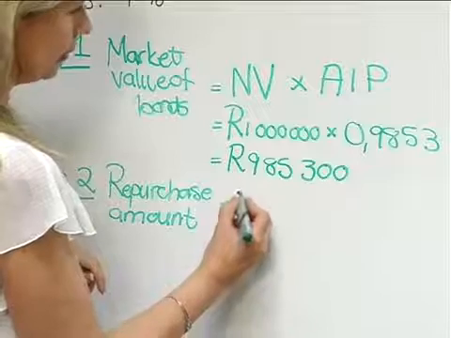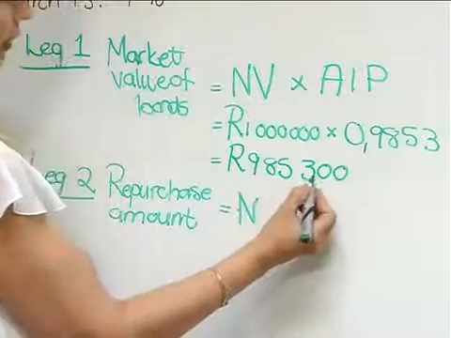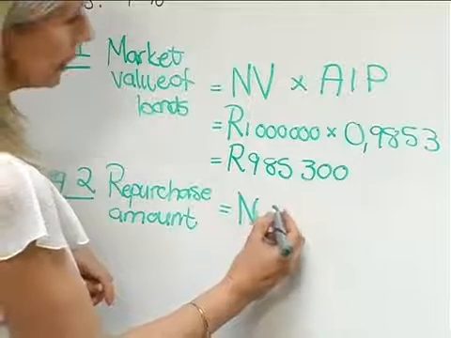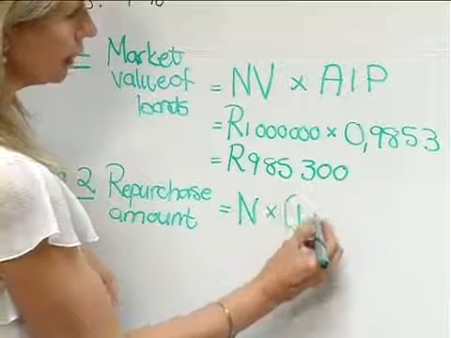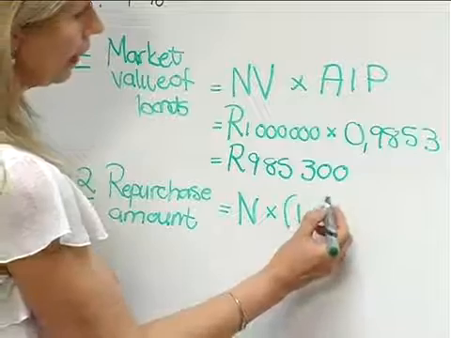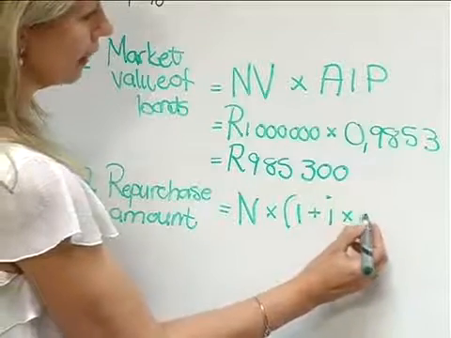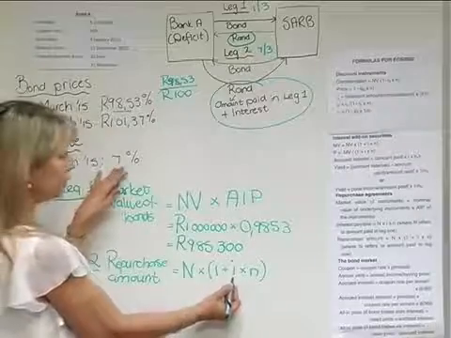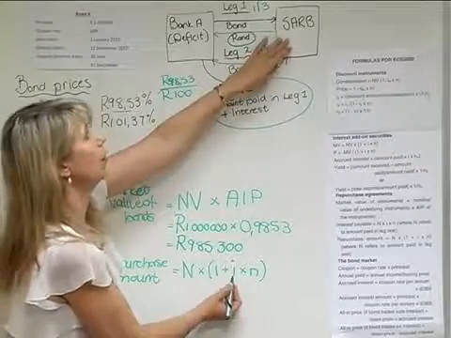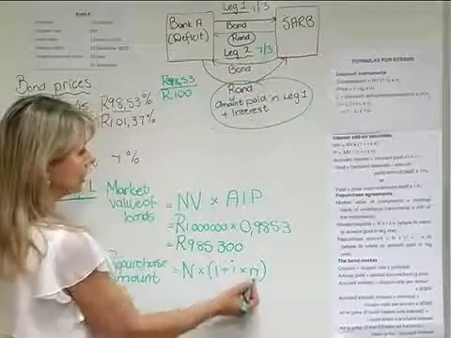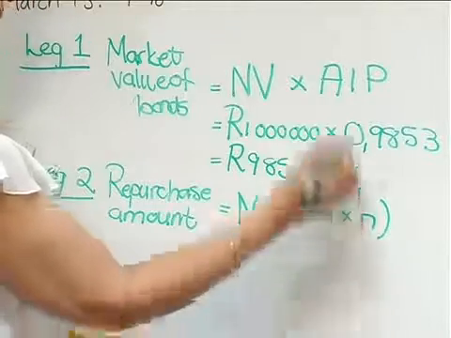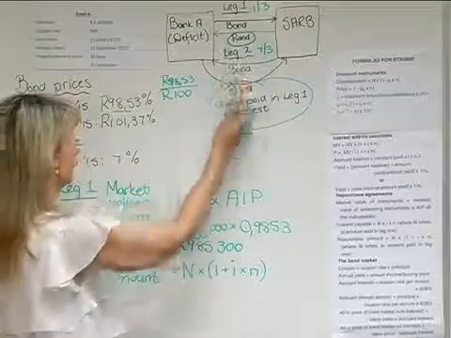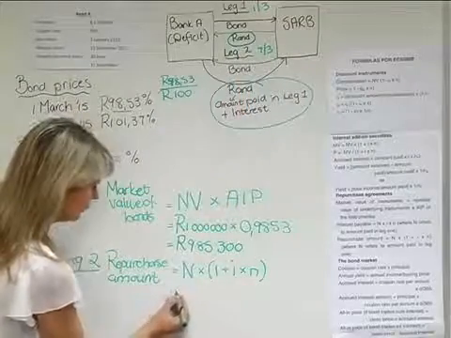It is N, which is the market value in leg 1, times 1 plus I times N. And this I refers to the repo rate at which the Reserve Bank conducted this transaction, and the second N refers to the number of days between the two legs, in other words, 7 days.